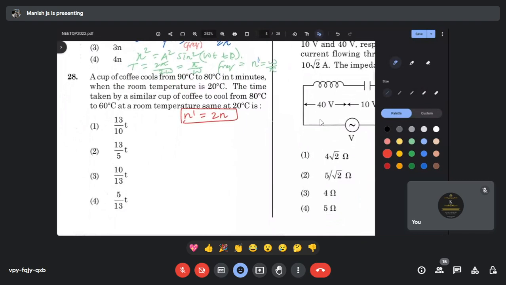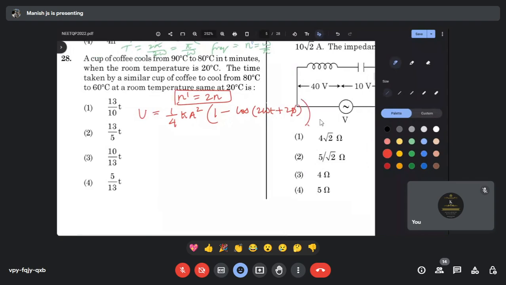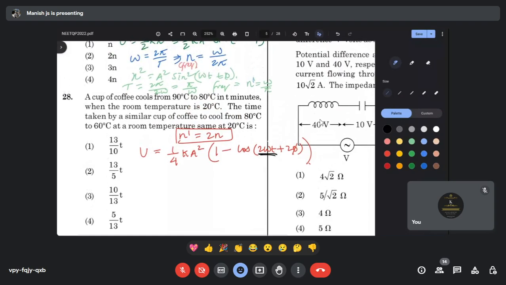So U is equal to half, using the initial minus final relationship, we can write it as 1 by 4 k A square times 1 minus cos of 2 omega t plus 2 phi. This is the expression in terms of the cos harmonic function. This is where the 2 omega t term came from, so I am using that relationship.